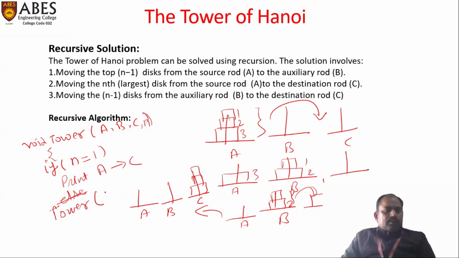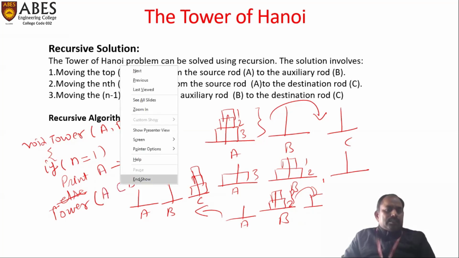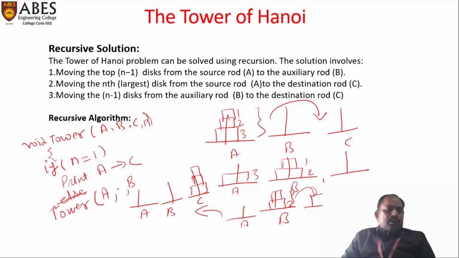We move these n minus 1 disks to rod B: A as the source, B as the destination, and C as the auxiliary, for n minus 1.